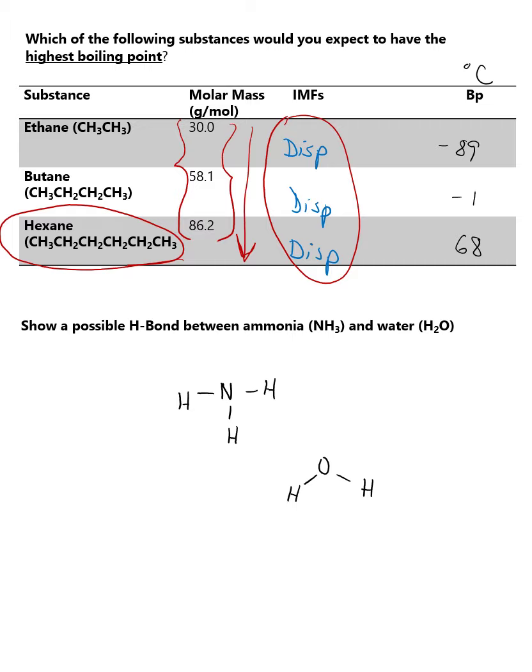Now I'm going to identify my polar bonds with the negative on the most electronegative atom. So between N and H, nitrogen, so I have my partial charges. The negative one for the nitrogen because it's the one that is more electronegative in the chemical bond.